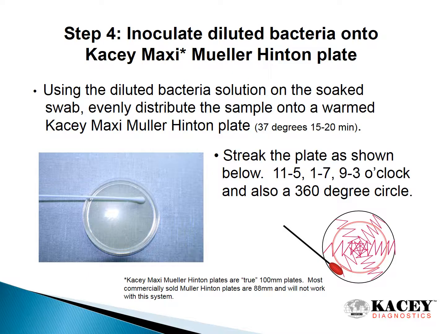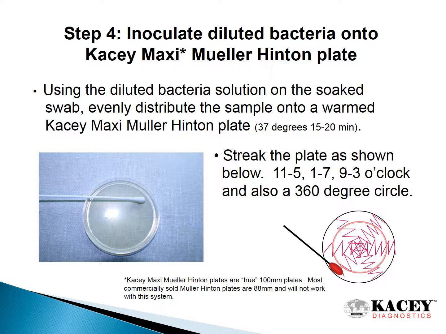Step 4. Inoculate diluted bacteria onto Kacey Maxi Mueller-Hinton plate. Using the diluted bacteria solution on the soaked swab, evenly distribute the sample onto a warmed Kacey Maxi Mueller-Hinton plate at 37 degrees for 15 to 20 minutes.